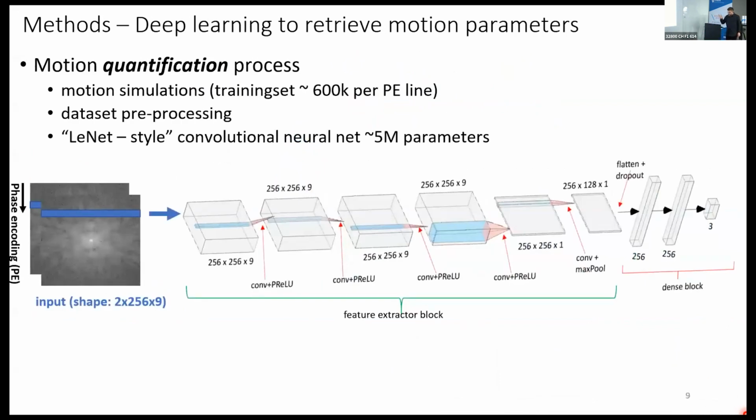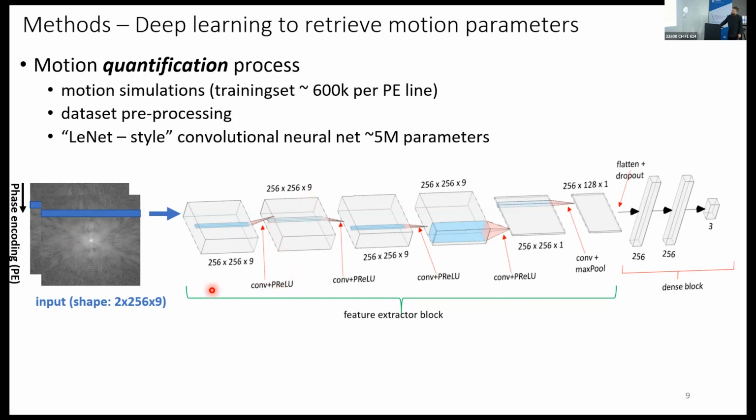And so now this is the model we used. It's very similar to a LeNet-style convolutional neural network, which interestingly was used first for the recognition of handwritten digits, so in image space, and it's interesting to see that it works also in K-space.